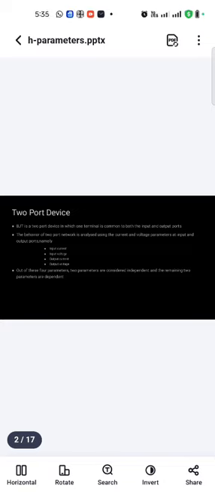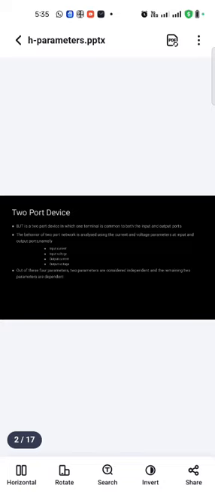Now we explain the topic hybrid. Now we go into the hybrid parameter. It is a two-port network. Why do we say this amplifier is a two-port network?